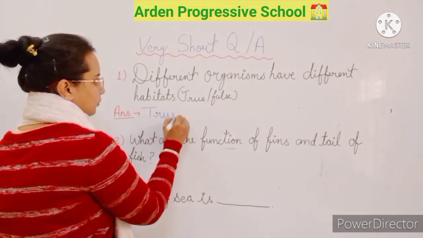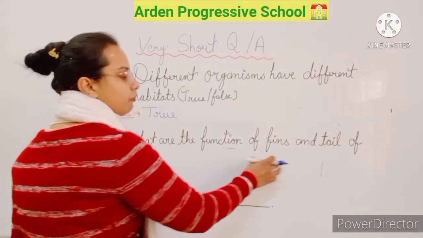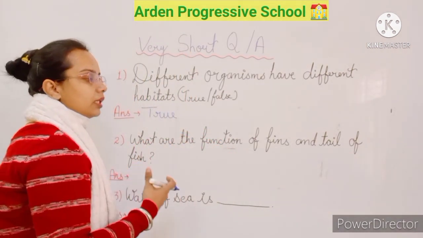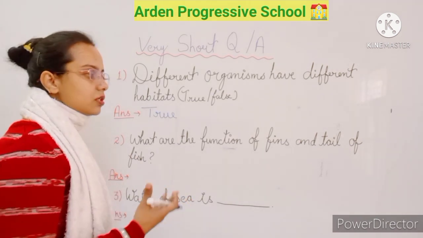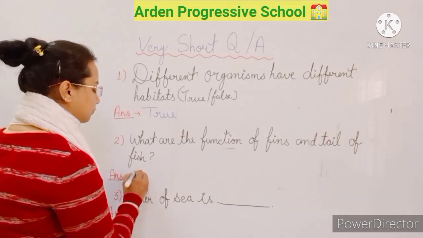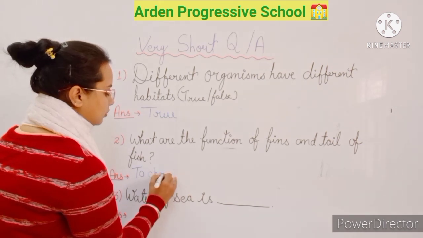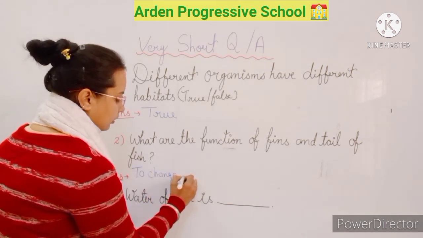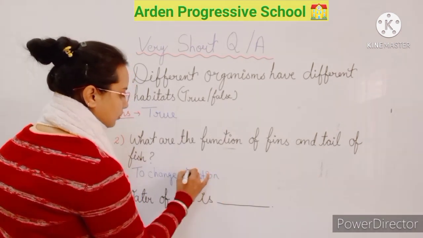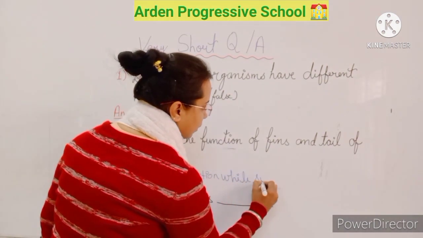Now the next question is what are the functions of fins and tail of the fish? The function of the fins and the tail is to change direction while swimming.